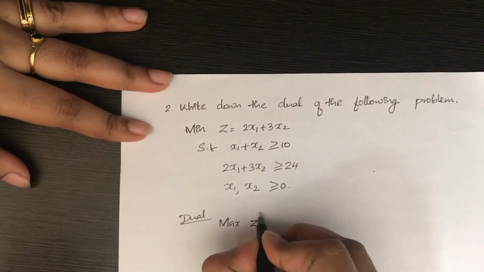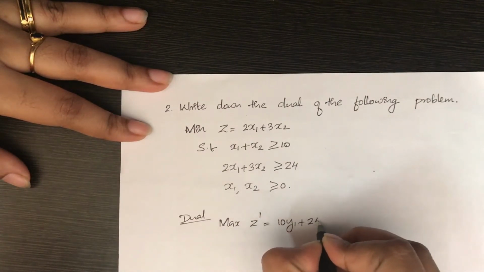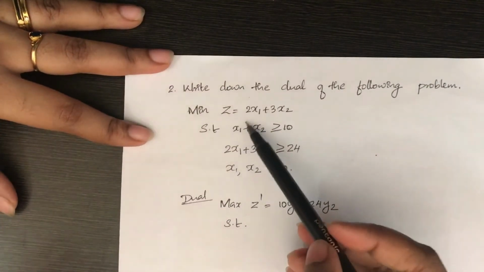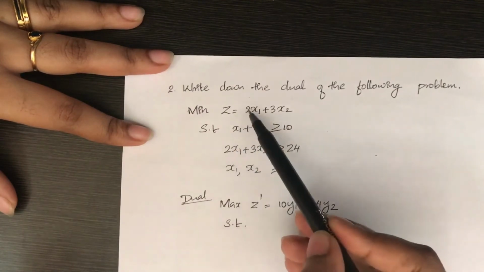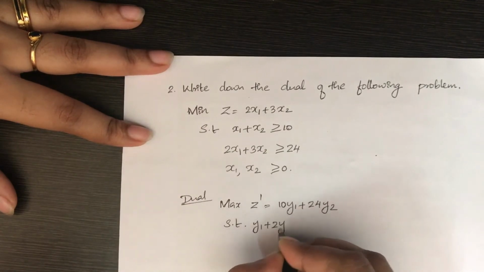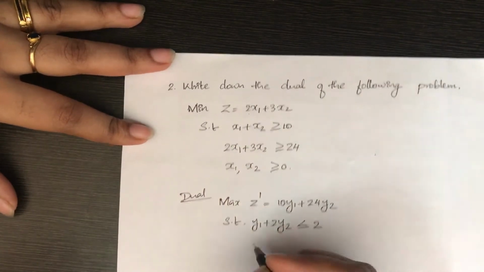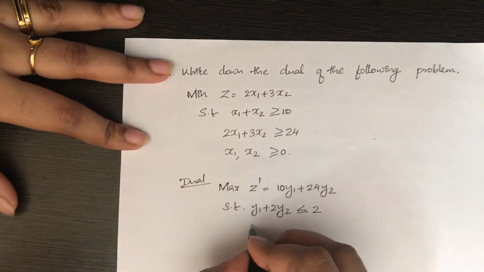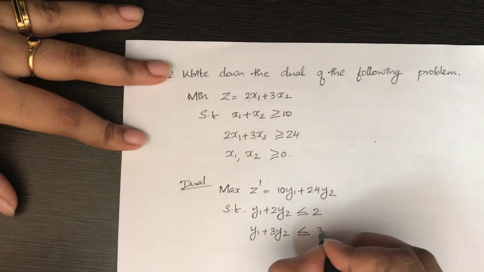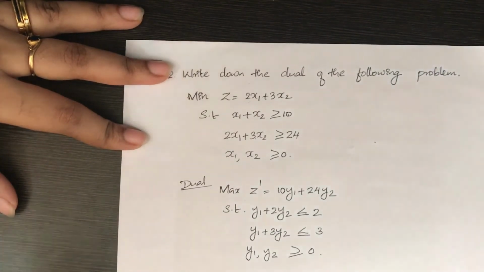Maximize z dash equal to 10y1 plus 24y2 subject to the coefficients of x1, 1 and 2, that is y1 plus 2y2 less than or equal to 2, and second, 1 and 3, y1 plus 3y2 less than or equal to 3, and y1, y2 greater than or equal to 0.